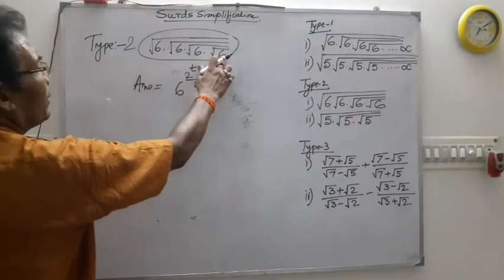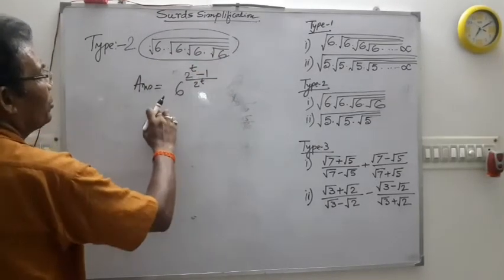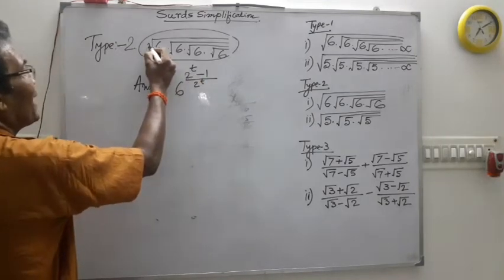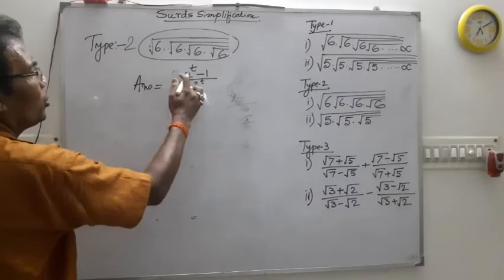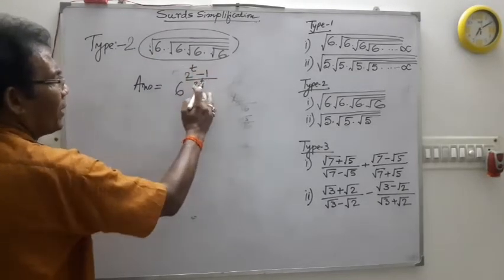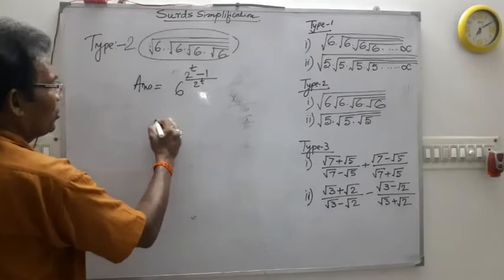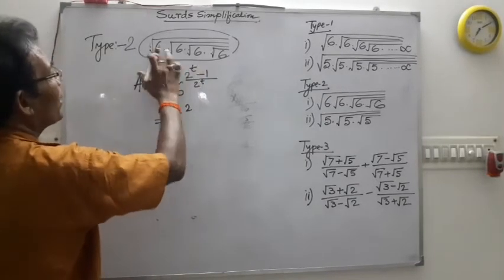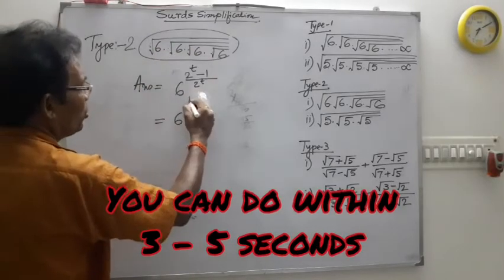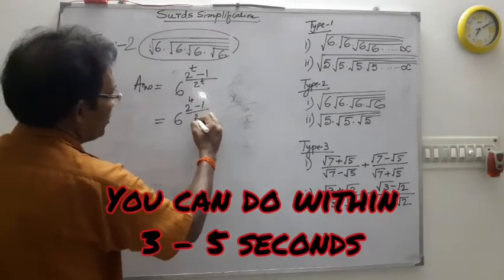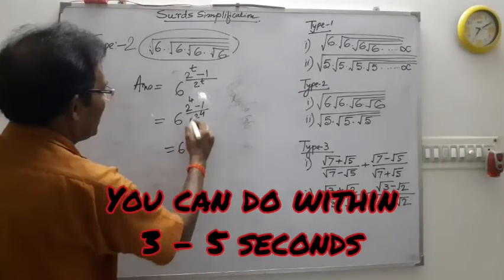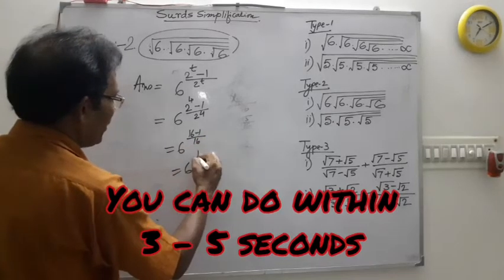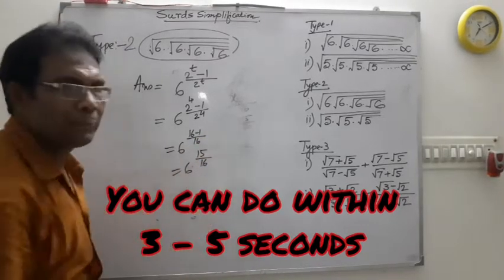In case of 4 times root, the answer will be 6 to the power 2, that is, in this gap there is 2, to the power t minus 1 divided by 2 to the power t. The t is 1, 2, 3, 4. So 2 to the power 4 minus 1 divided by 2 to the power 4, that is 16 minus 1 divided by 16, so 6 to the power 15 by 16.